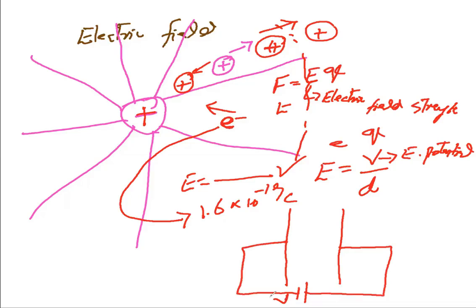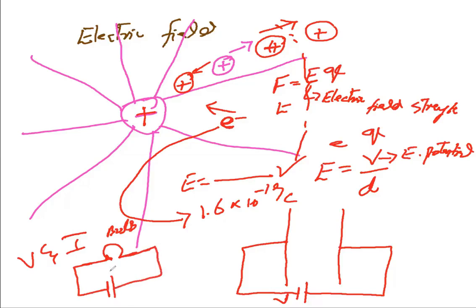What is the difference between voltage and current? Voltage is just the energy. Actually, in our circuit, let's say this is a bulb, and here I apply the potential difference across this bulb. So here I have voltage and current will flow like this. That is the conventional current.